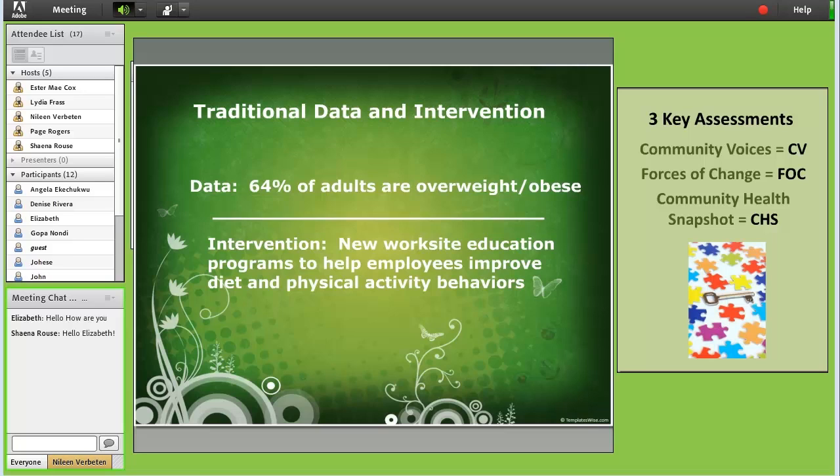So this would be a very reasonable type of intervention if you wanted to tackle obesity. But just with this one data point, the 64% of adults are overweight or obese, you are not really getting at the condition of why obesity exists in the first place.